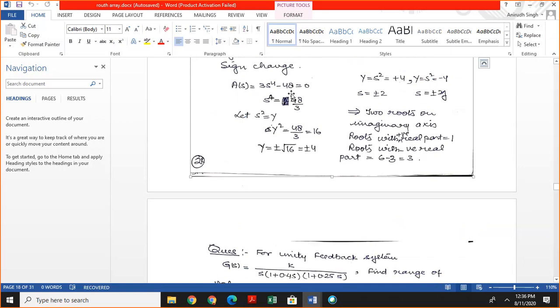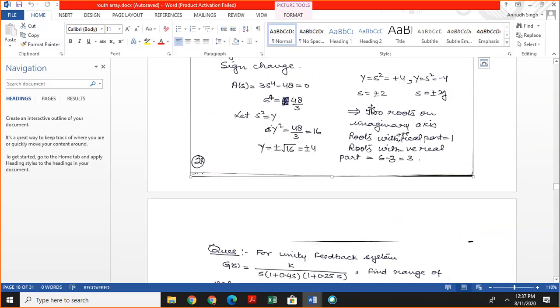And from this auxiliary equation, calculate the roots. Substitute s square as y, then y square is 48 by 3, which is 16, so y is equal to plus minus 4. Y is equal to s square, so s square is plus 4 or s square is minus 4, so s is plus minus 2 and s is plus minus j.